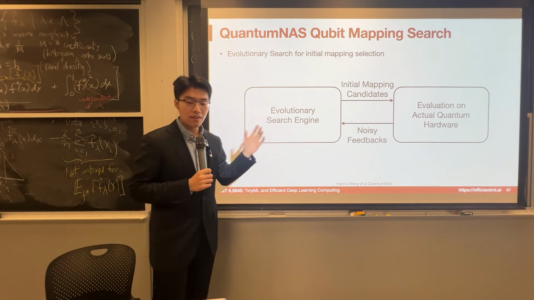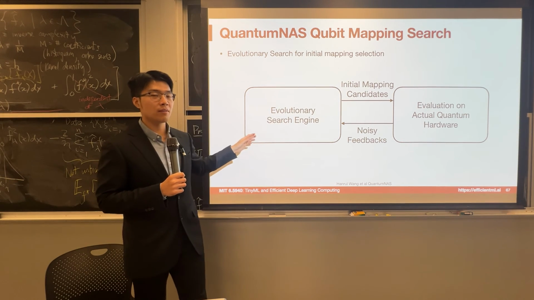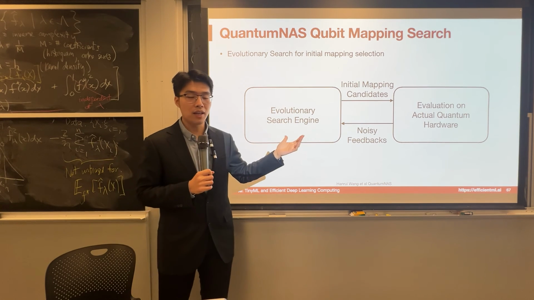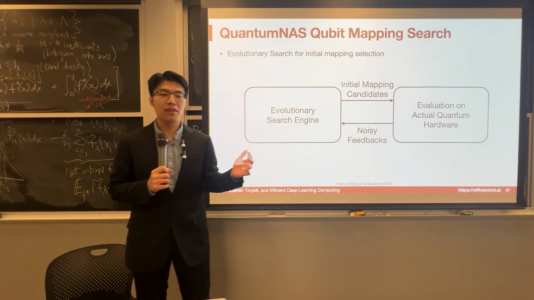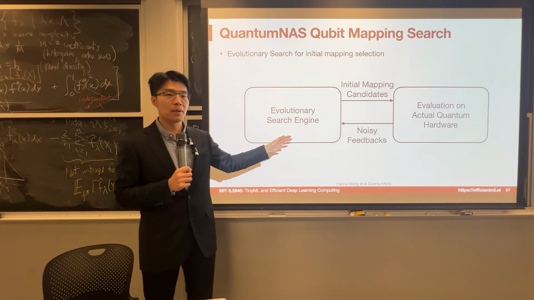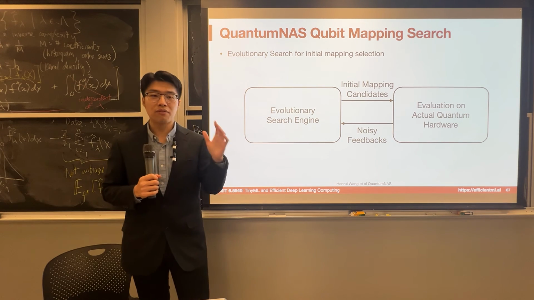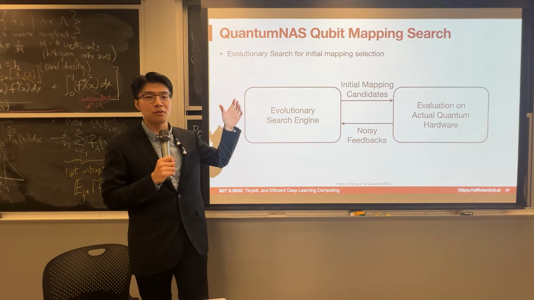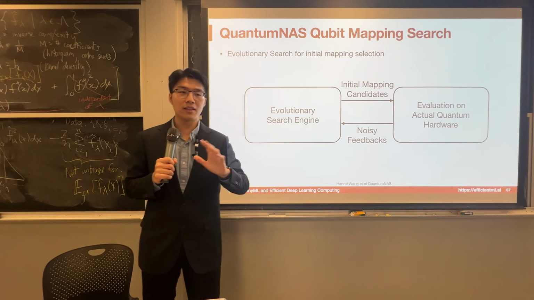And also another thing we are developing is that for the initial mapping, probably we don't have to rely on just reversibility. We can use some evolutionary search engine or some other machine learning-based method to help us find the initial mapping. So in our previous work, QuantumNAS, we were trying to find this initial mapping. Basically, we have many different candidates, like say you map qubit 0 to physical qubit 10, or some other different mappings.